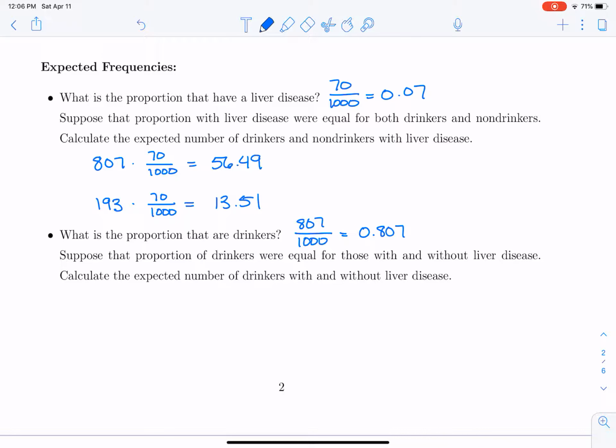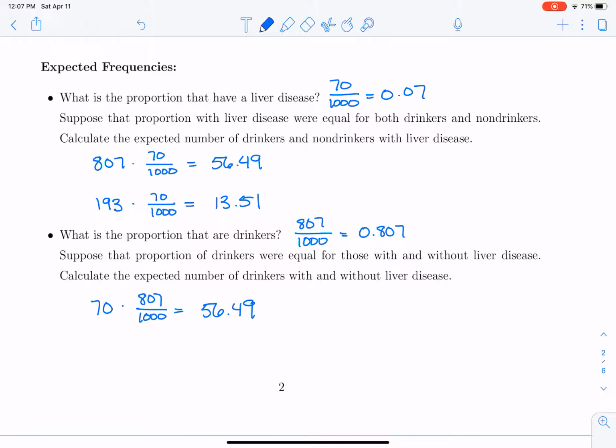That would mean that 80% of those with liver disease drink and 80% of those without liver disease drink. What would that look like? We would take the 70 people with liver disease, and 80%, or 807 out of 1,000 of them, are supposed to be drinkers. So that would again have given us 56.49.